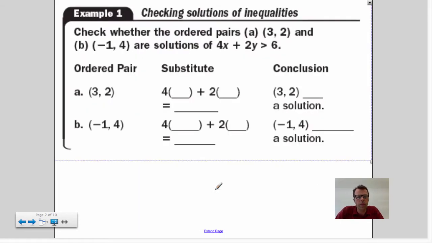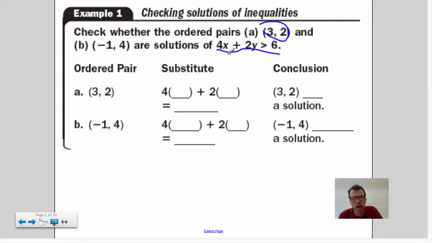So here you go. Here's example 1. This is to check whether ordered pairs are solutions to an inequality. So the example we'll do here is check whether or not (3, 2) will make the inequality 4x plus y greater than 6 true.